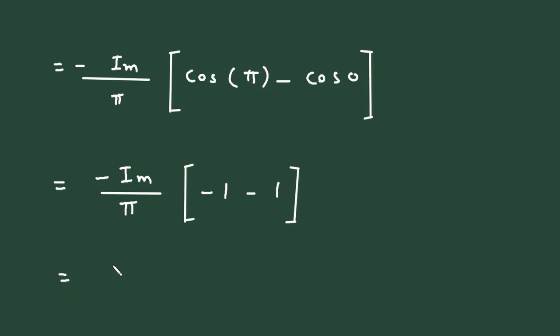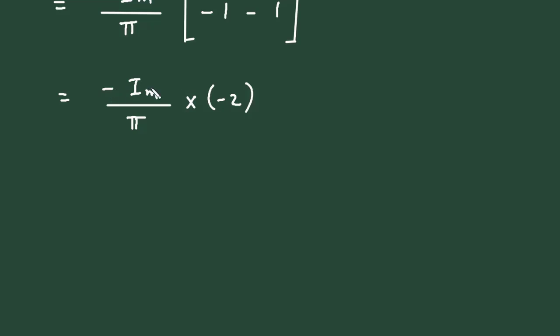So it will be minus Im upon pi, and here this is multiplied with minus 1, which will be minus 2. So this minus, plus, so 2 upon pi into Im. This minus and this minus will get cancelled. So 2 into Im divided by pi.